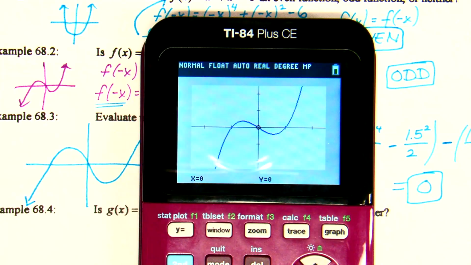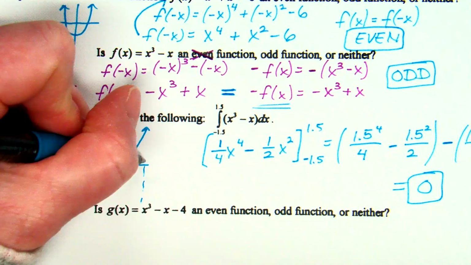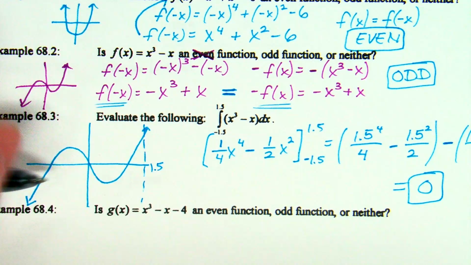Zoomed in. It asked us to go from negative 1.5 to positive 1.5. So it's not just starting here at 1, it's over past 1. So if you look here, it's 1.5 over there, negative 1.5 there.